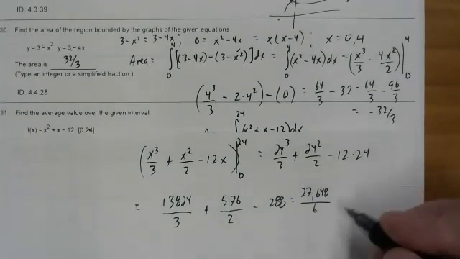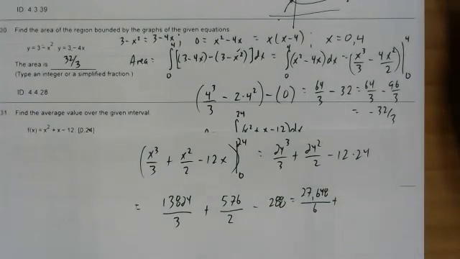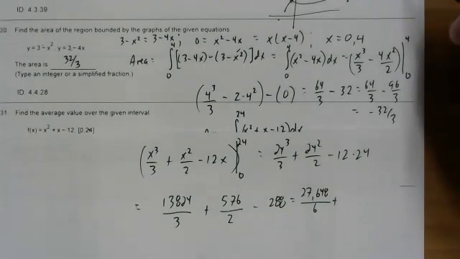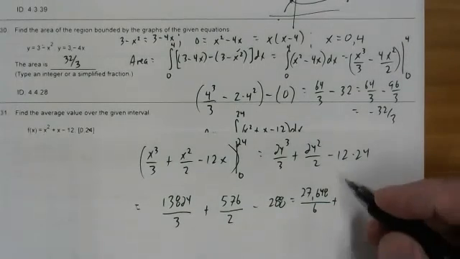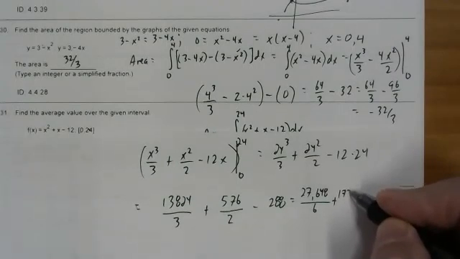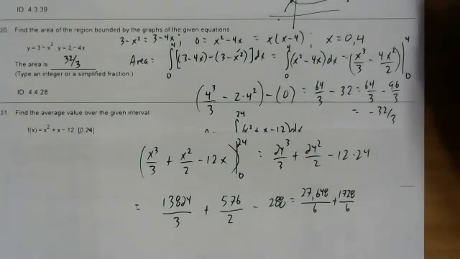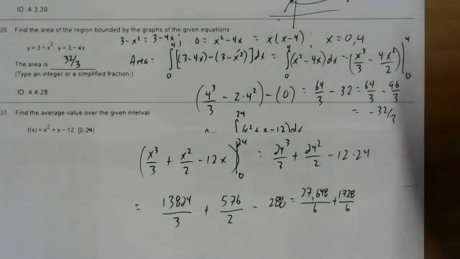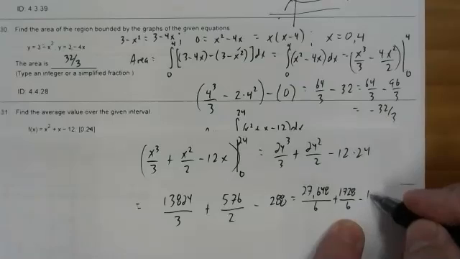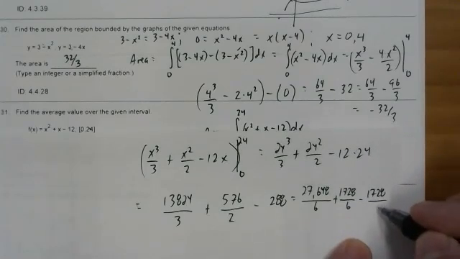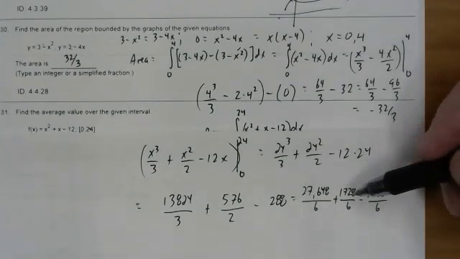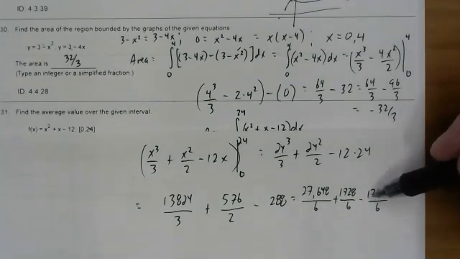Here multiplied by 3 over 3: 576 times 3 is 1728. Multiply 288 by 6, 1728. Well, that's interesting. These two cancel out.